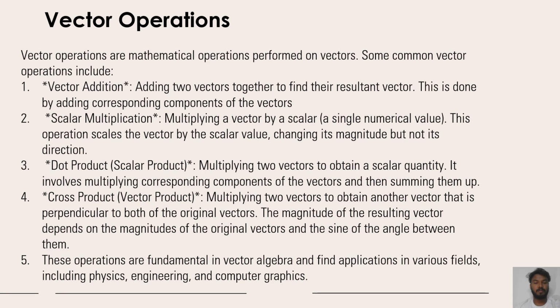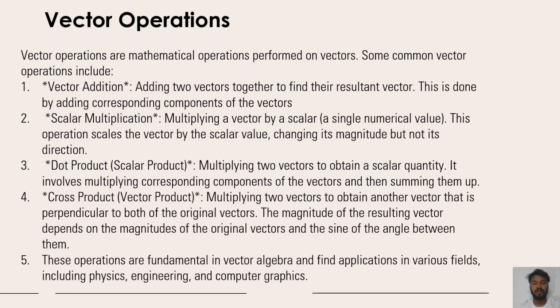Third one, dot product, that is scalar product: multiplying two vectors to obtain a scalar quantity. It involves multiplying corresponding components of the vectors and then summing them up. Fourth one, cross product, that is vector product: multiplying two vectors to obtain another vector that is perpendicular to both of the original vectors.